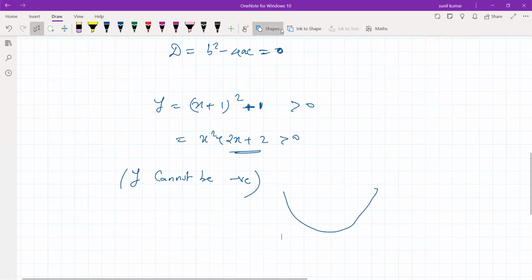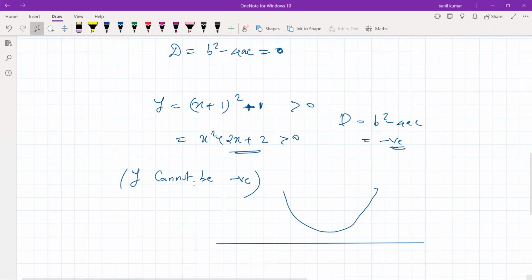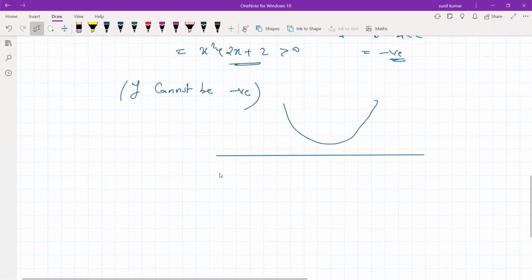So you can see that this is in parabolic shape. You can check the discriminant also. Discriminant b square minus 4ac, no real root. This will be negative. So this y is always positive. Y means this expression ax square plus bx plus c greater than 0.